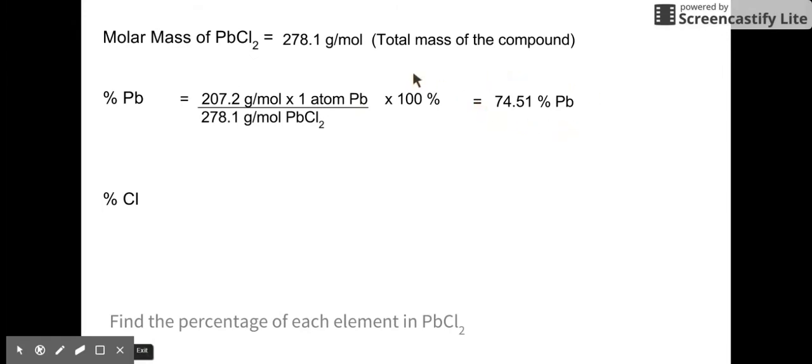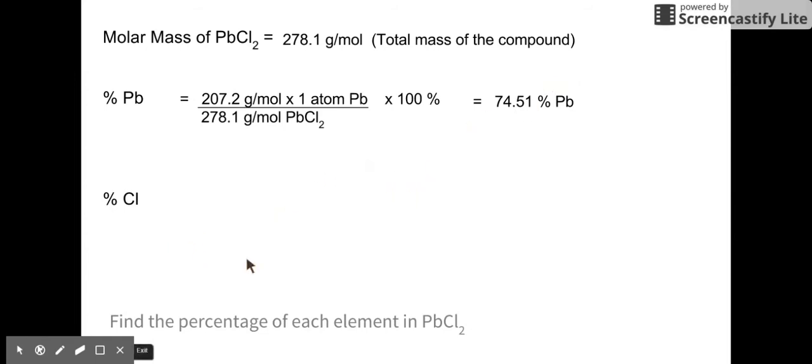All this is saying is that in my compound, by mass, almost 75%, or 74.51%, is lead. That's a lot. I only have 1 atom of lead and 2 atoms of chlorine, but 74.51% of that compound by mass is lead. Lead's really heavy. It takes a lot of that compound's mass.